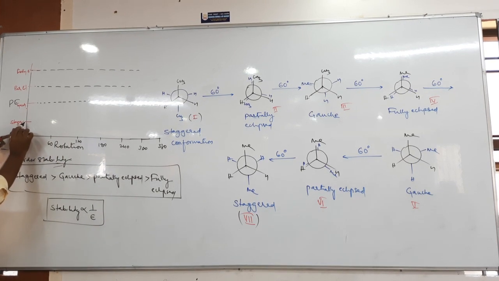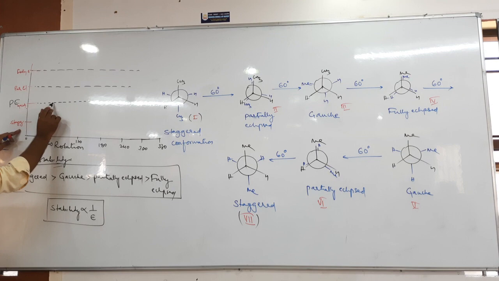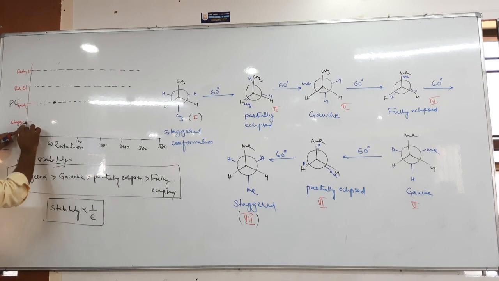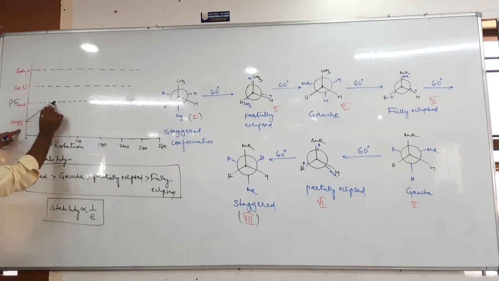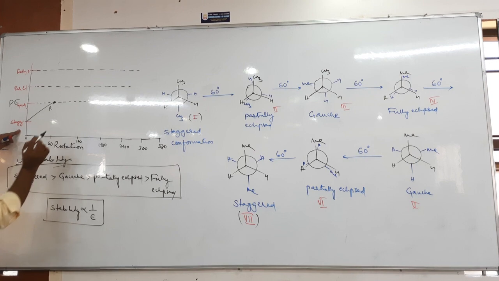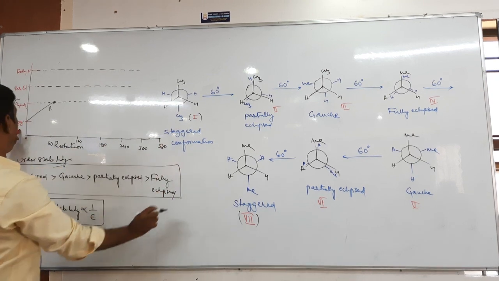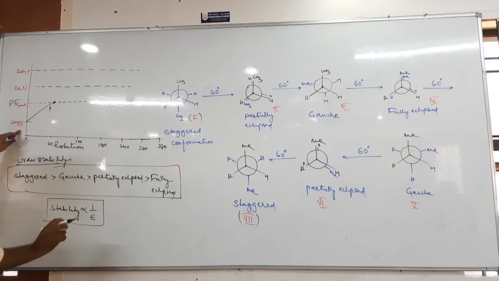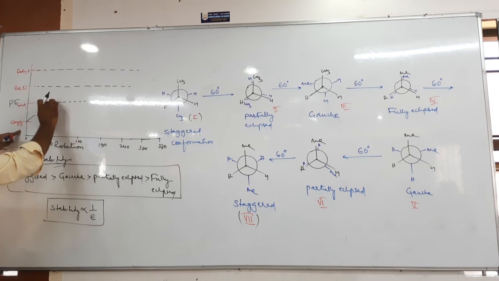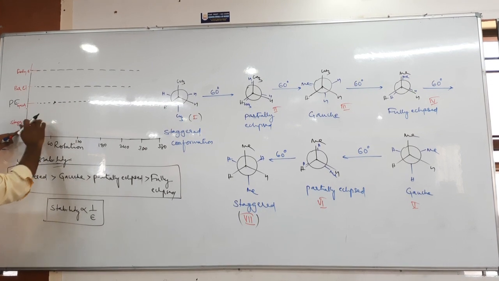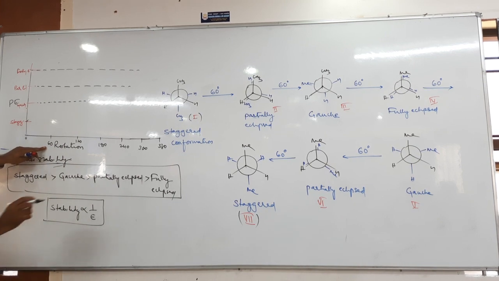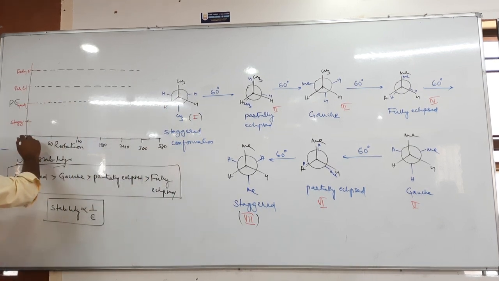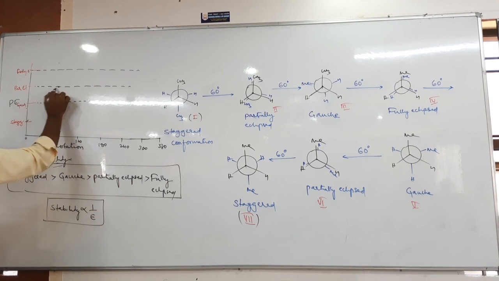By rotating 60 degrees, which conformation did you get? At 60 degrees, by rotating 60 degrees, you got partial eclipse, somewhere here, right?